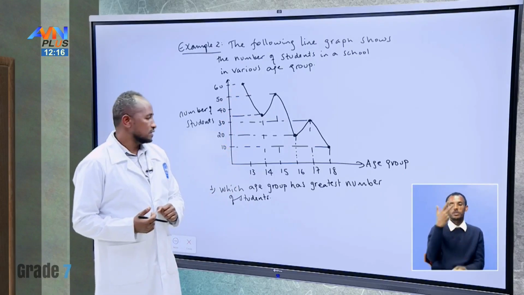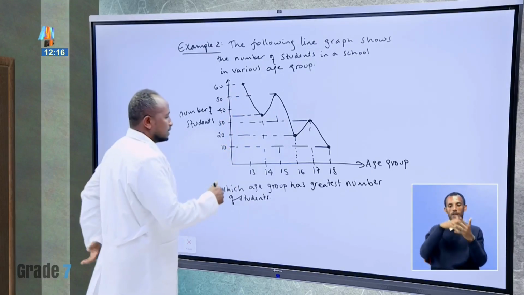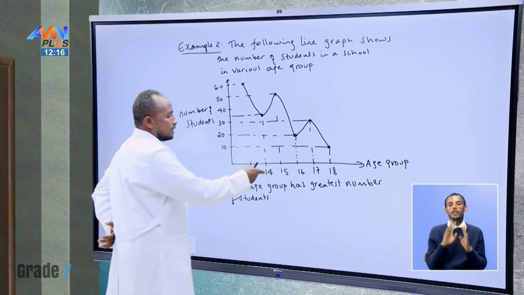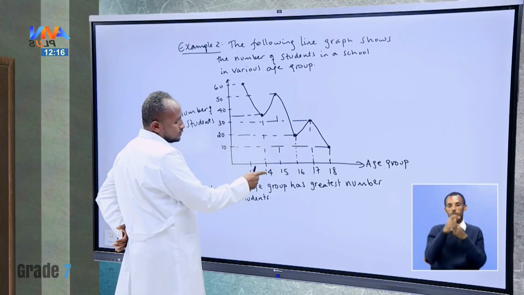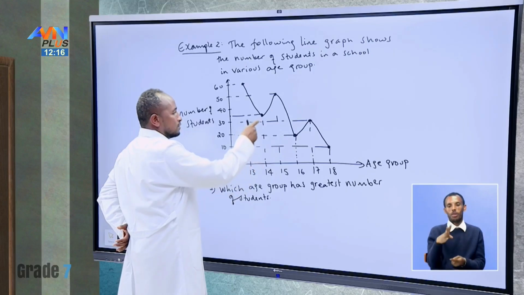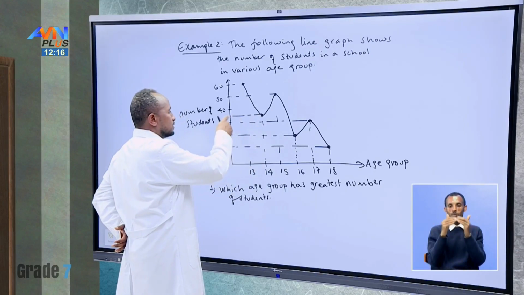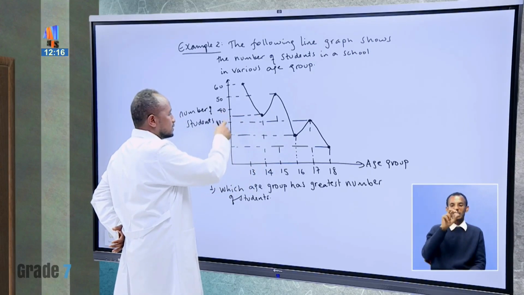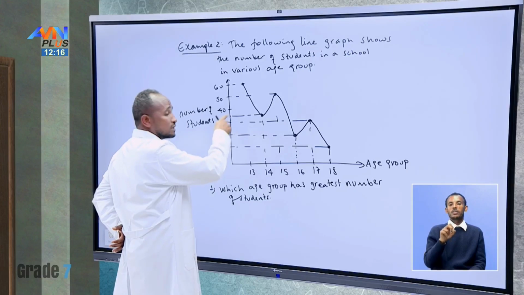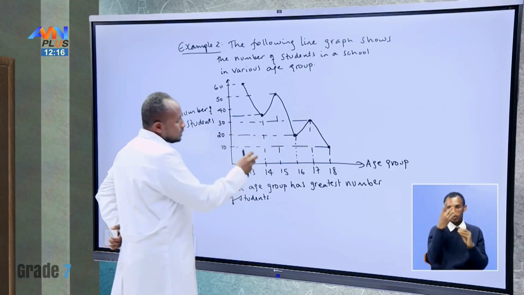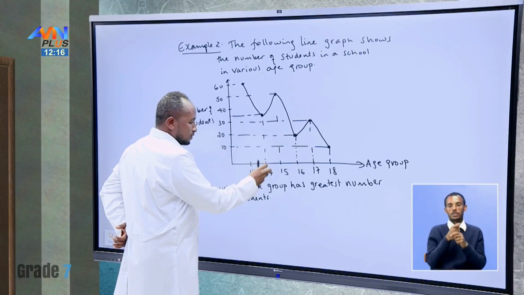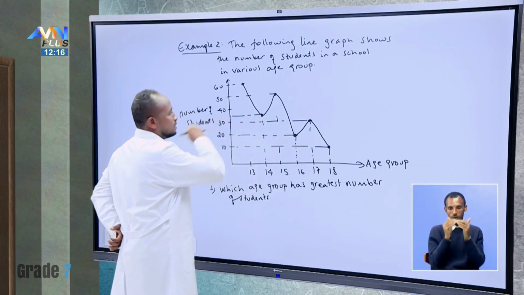From this graph, you can see this. And let's read each first. The number of students whose age is 14 is represented by this point between 30 and 40, so this point is 35. Therefore, the number of students whose age is 14 is 35.